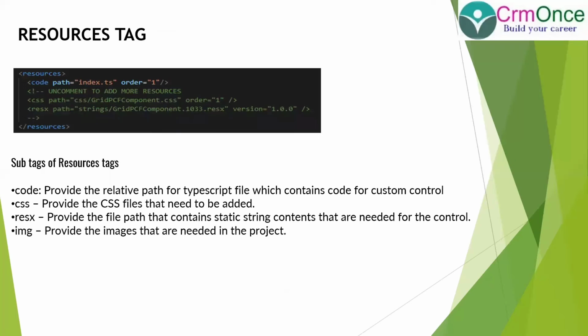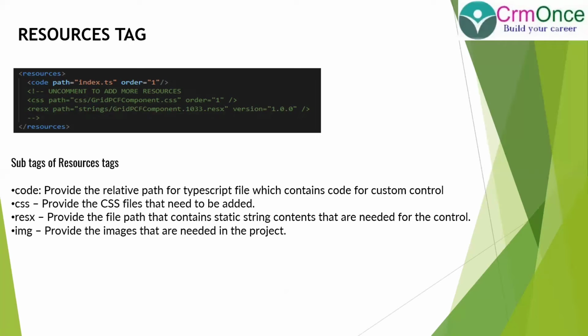And we have another tag, the resource tag, where you will mention the code path. Basically all the code for the PCF control starts in index.ts. The ts means it's a TypeScript file. For PCF custom controls, you will write the code in TypeScript.